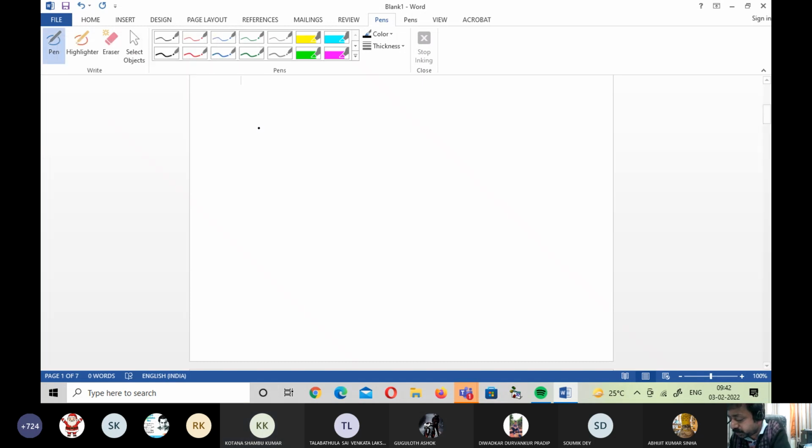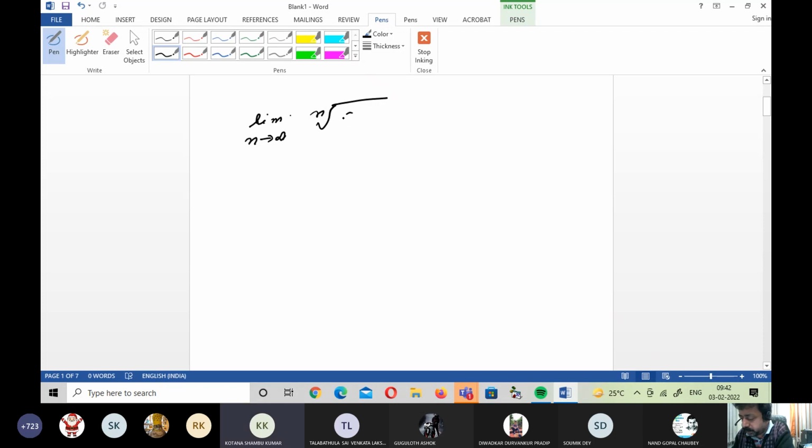Suppose limit n tends to infinity of the nth root of a of n.